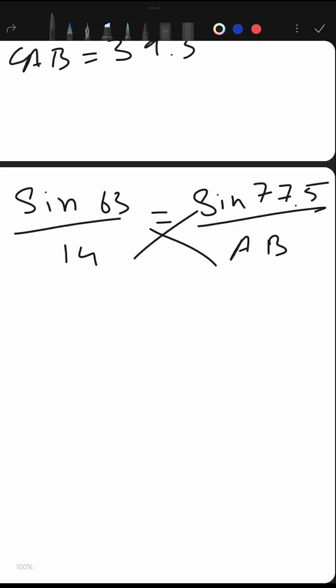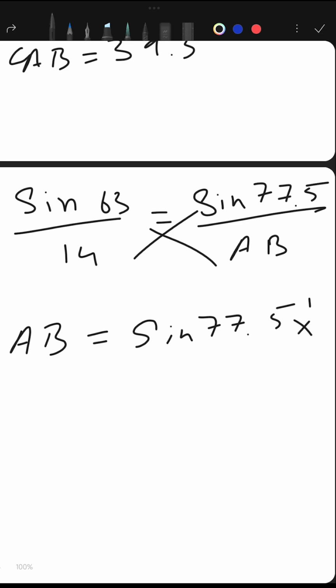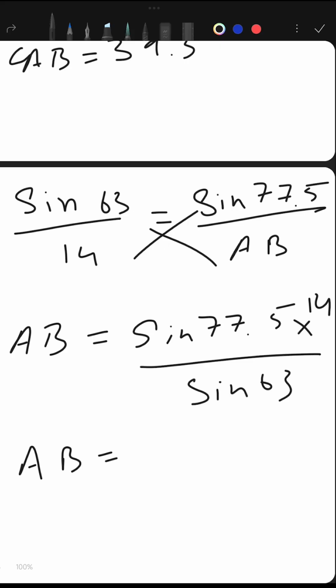Let's just cross multiply and I'm just going to solve it out real quick, and we're going to get AB equals sine 77.5 times 14 all over sine 63. So we're going to solve that, and that is going to turn out to be 15.34, or we can just write 15 centimeters.